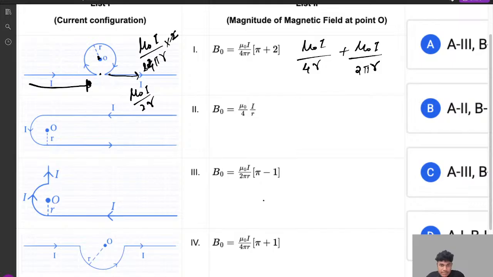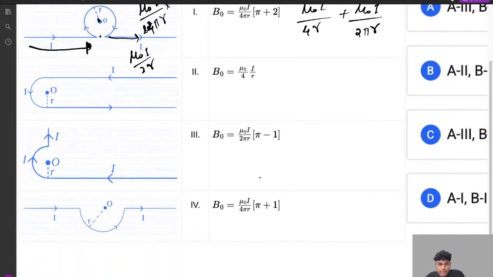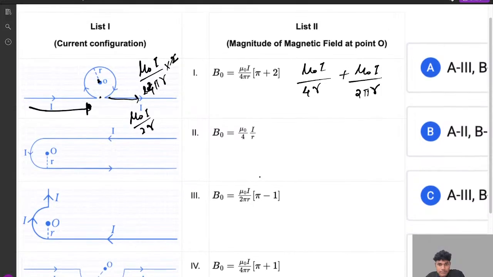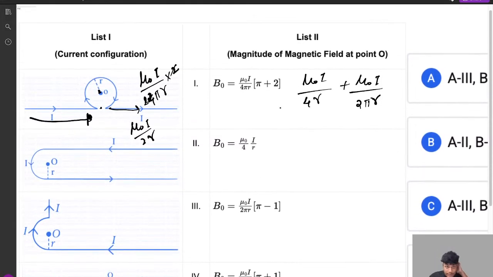Is there any other option? There are 4 options. Is there any I think I did wrong? It's correct, I think. It is not semicircular, it is a complete circle.